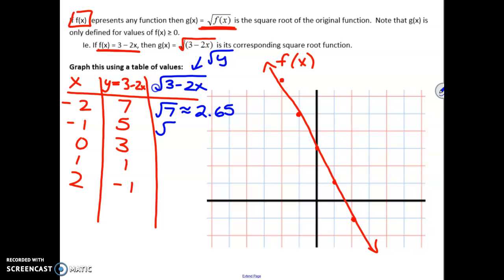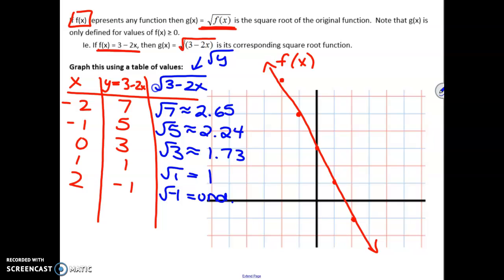If I square root the 5, it equals approximately 2.24. If I root 3, it equals approximately 1.73. Square root of 1 is 1. And the square root of -1 is undefined because you can't square root a negative value.